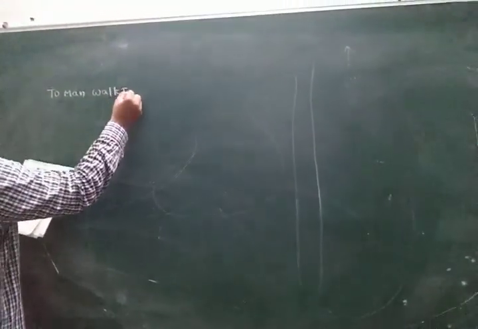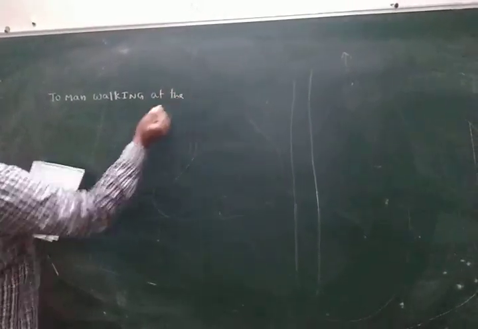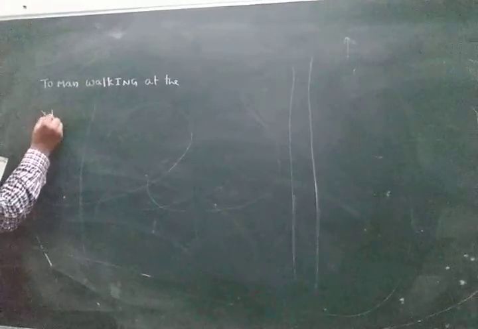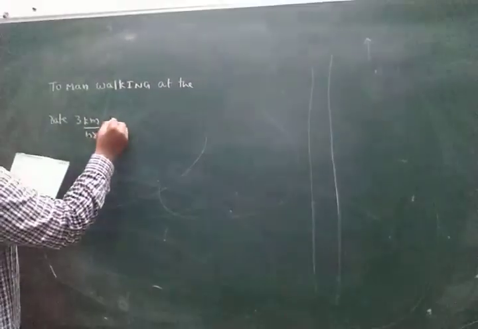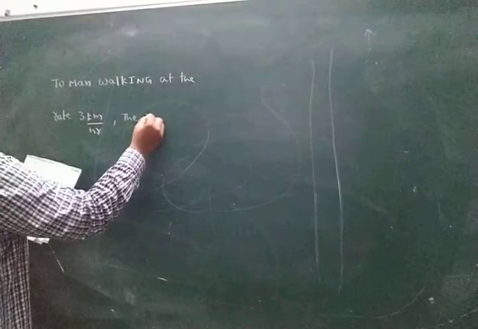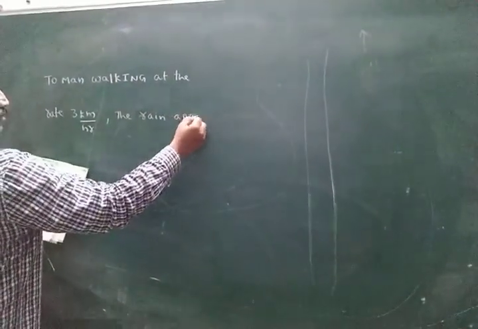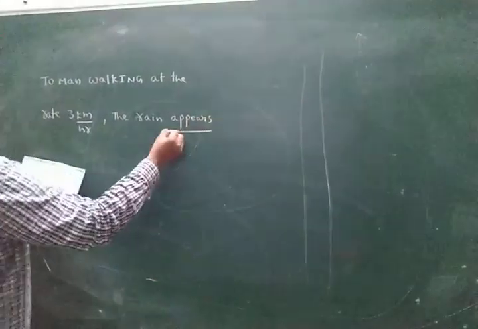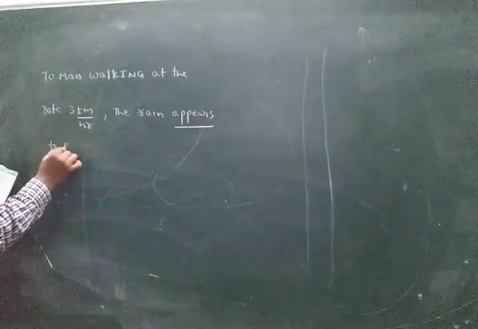A man walking at the rate of 3 km per hour, the rain appears to fall vertically.